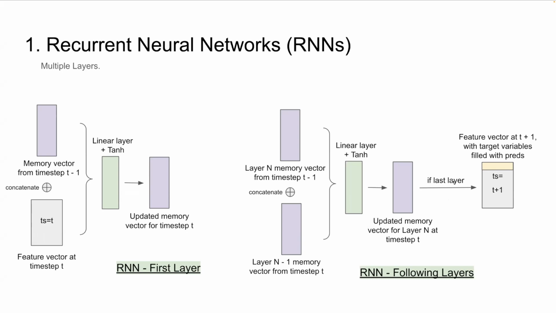If that's the last layer, that's when you apply the additional linear layer based on this memory vector to get your final target variable. You don't really care about the memory vectors from the previous layers. You only use the memory vector from your last layer to compute this target variable.